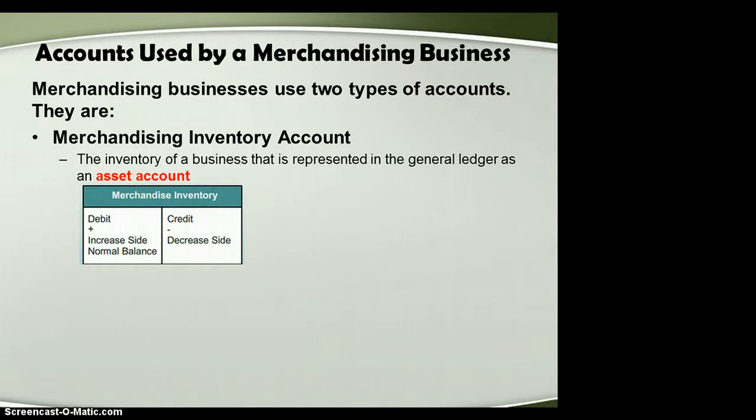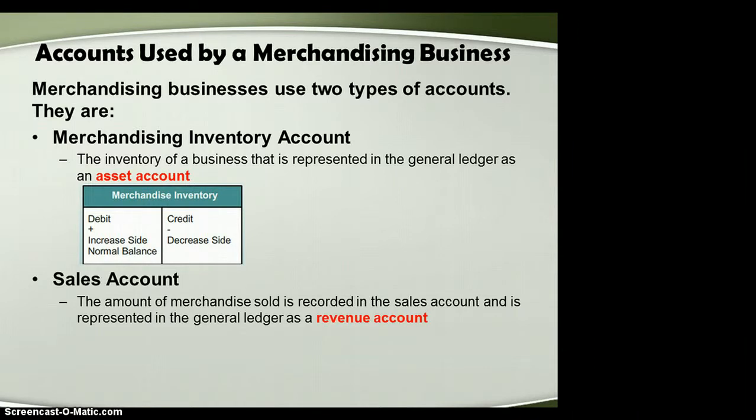As you can see, we debit as the increase side, and we decrease on the credit side with the merchandise inventory because it is an asset account. So that should trigger those memories for you back in Accounting 1, that since it's an asset, it increases on the debit side, decreases on the credit side, and has a normal balance on the debit side.